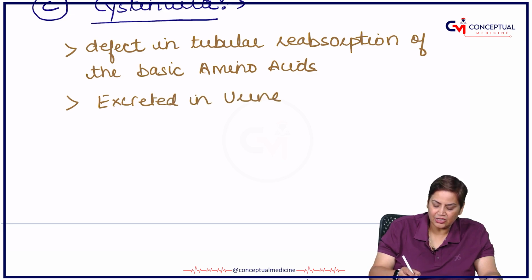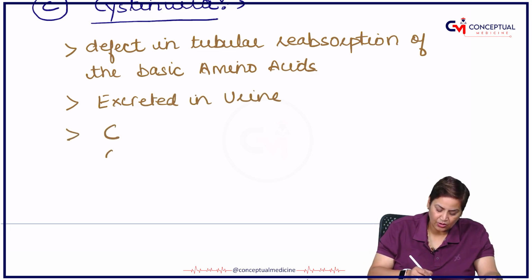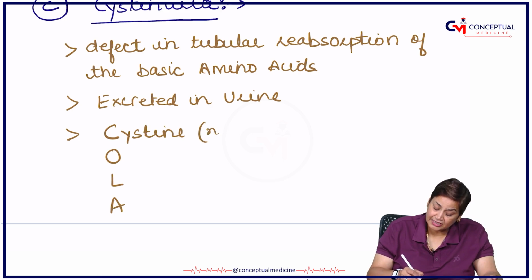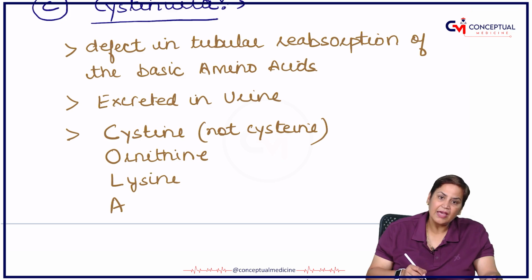And it is actually known as COLA. So you can say that COLA, Coca-Cola. So in COLA, C stands for cystine, not cysteine. I am writing it because most of the students get confused between this. Cystine, O for ornithine, L for lysine and A for arginine.